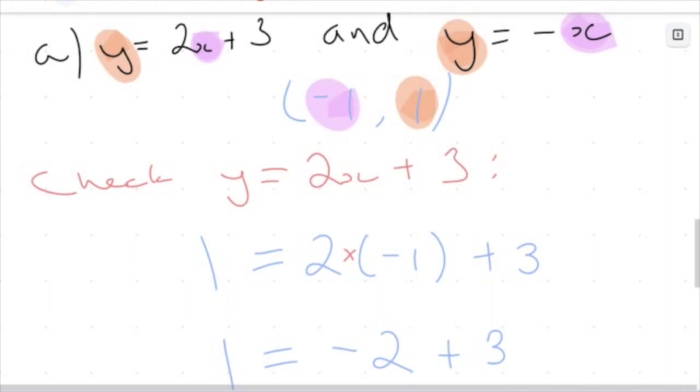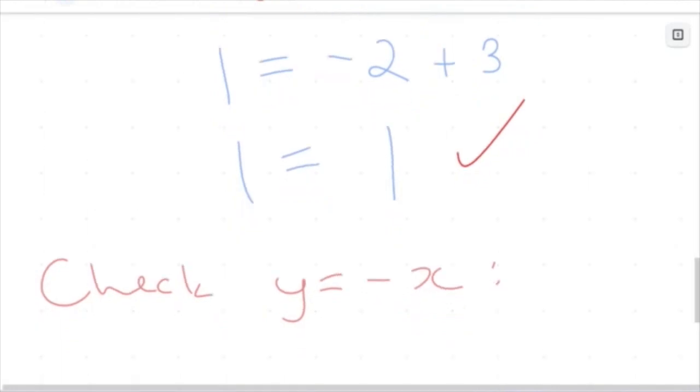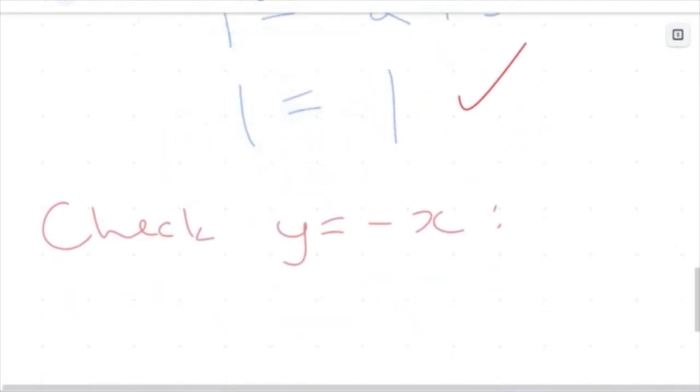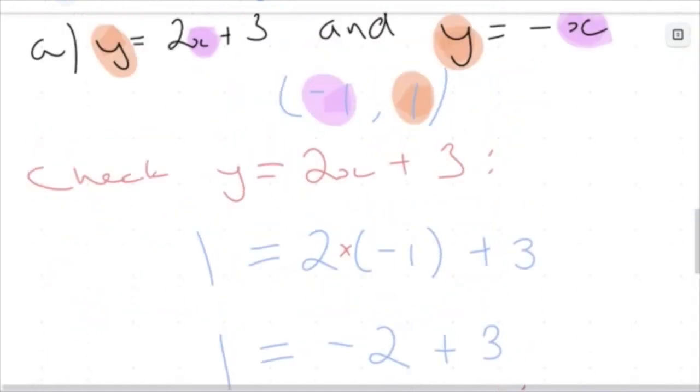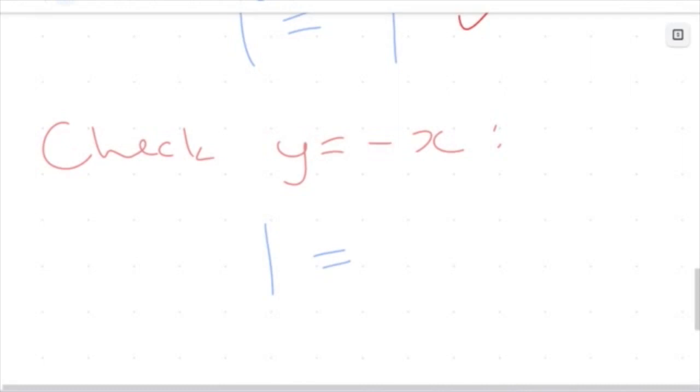Now we want to check, is this a point on the other line? So we're going to substitute that in now. We're going to check y equals minus x, and I have the point -1, 1. So I'm going to put my 1 into the y and my -1 into my x.